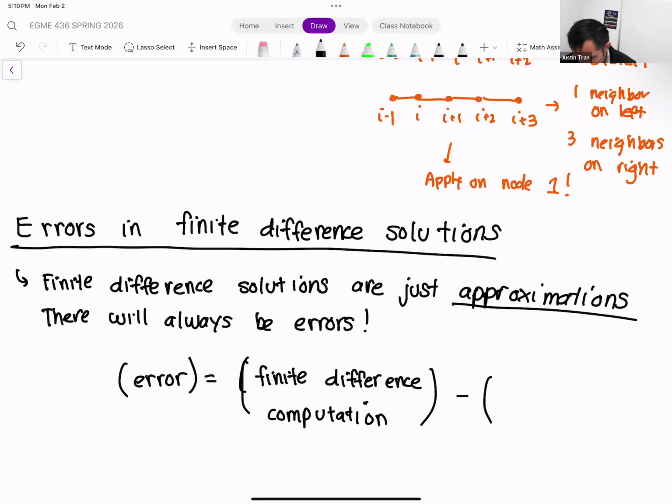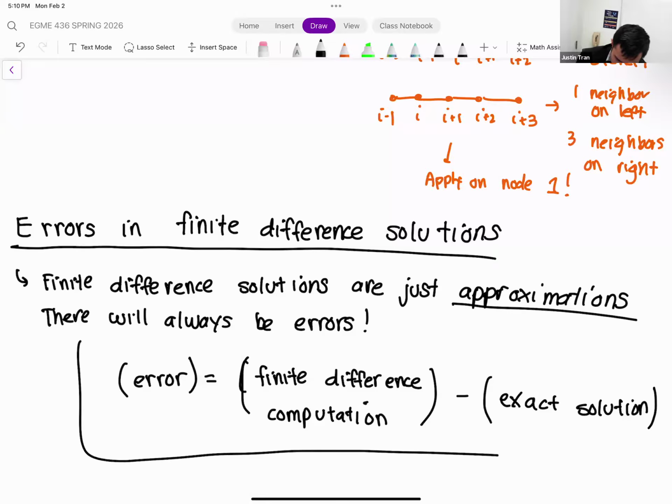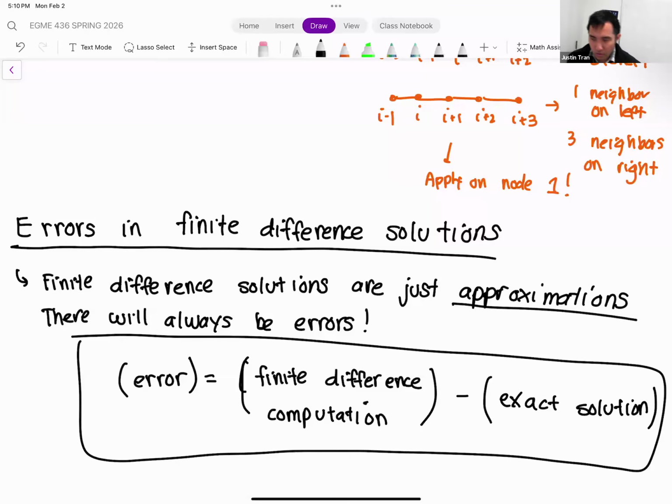There are different ways to say this, but we can say the exact solution. Some people take an absolute value here. In fact, that's usually pretty smart, or they just square the error to make sure it's always positive, because sometimes your finite difference computation is going to underestimate, sometimes it's going to overestimate, depending on the situation.